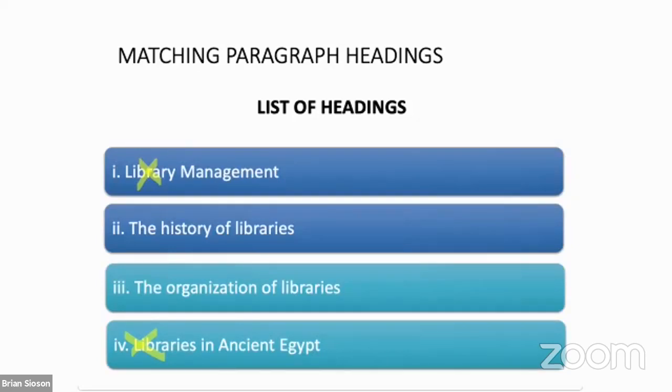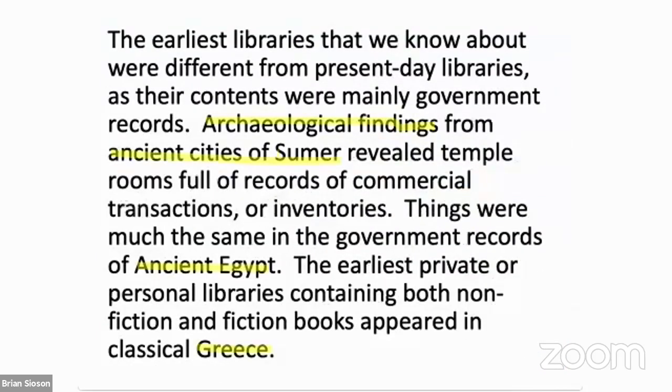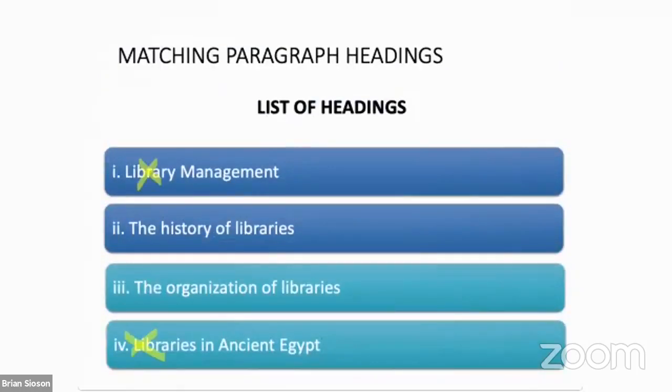All right, so what is the correct answer? All right, let's talk about the organization. How are libraries organized? Is there anything that indicates how libraries are organized today? Because I think that's what this is all about, how libraries are organized now, not how libraries were organized in the past.